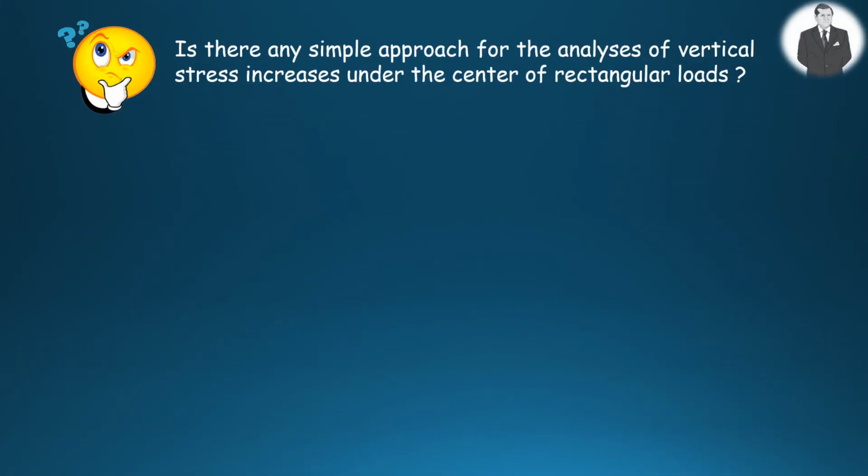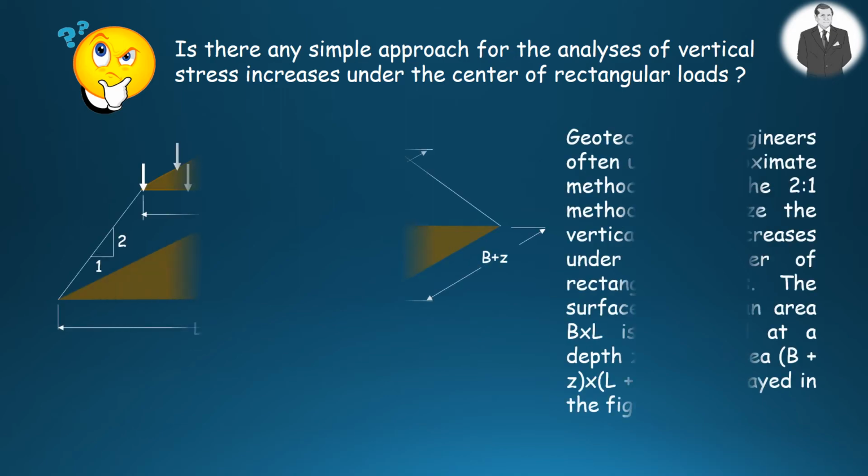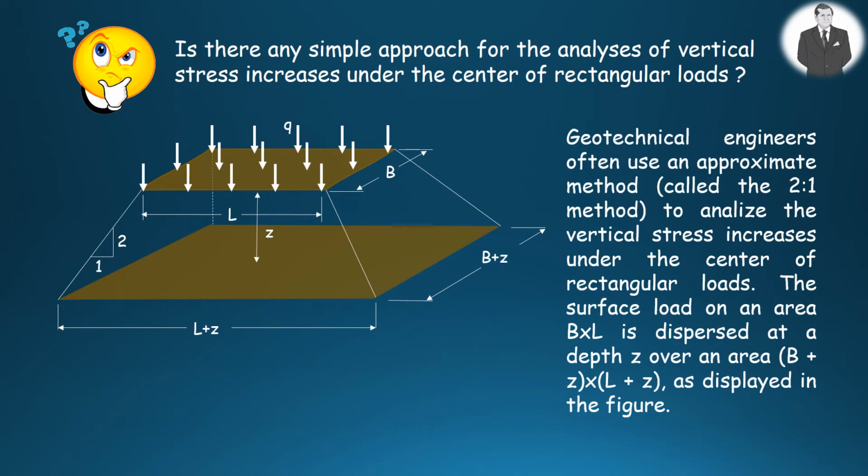Is there any simple method for the analysis of vertical stress increases under the center of rectangular loads? Well, geotechnical engineers generally use an approximate method, also called the 2-1 method, to analyze the vertical stress increases under the center of rectangular loads.